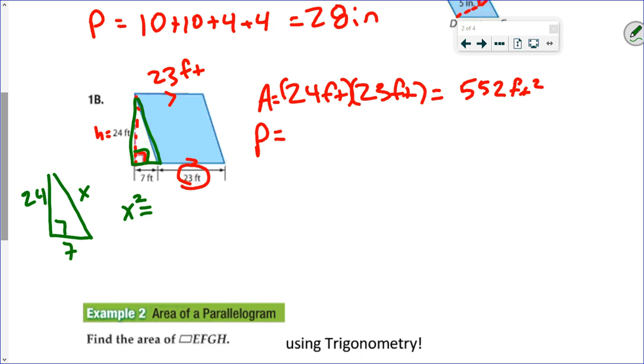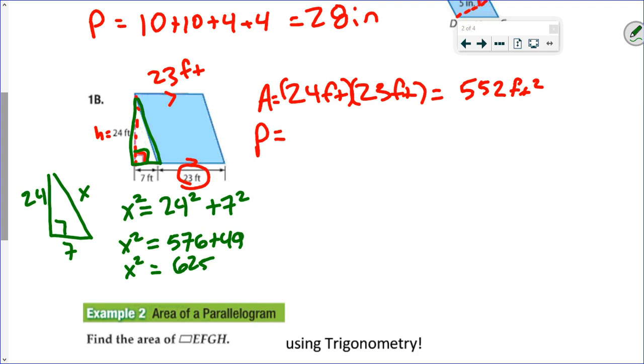So x squared is equal to, it's a pretty common problem for this type of thing, so you've got to do a little bit more problem solving here. 24 squared, 576, plus 49, 625. So the square root of 625, of course, is 25. So this side is 25 feet and this side is 25.